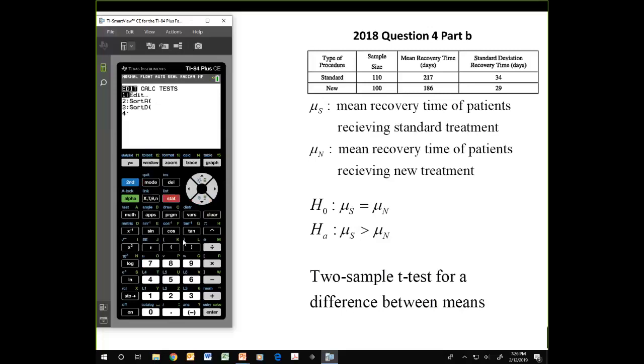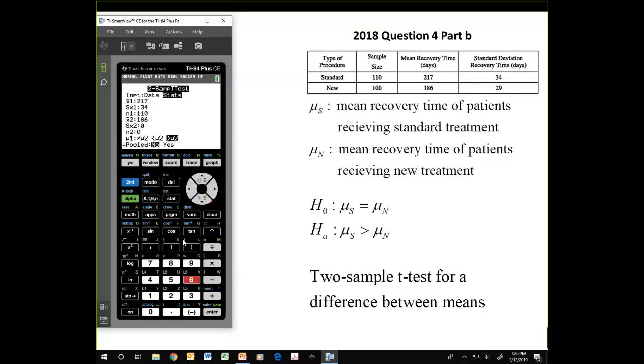So, Stat, Test, 2-sample t-test. There we go. All right. So, mean was 217. Standard deviation, 34. Sample size, 110. Now we go to the other, and the mean was 186.